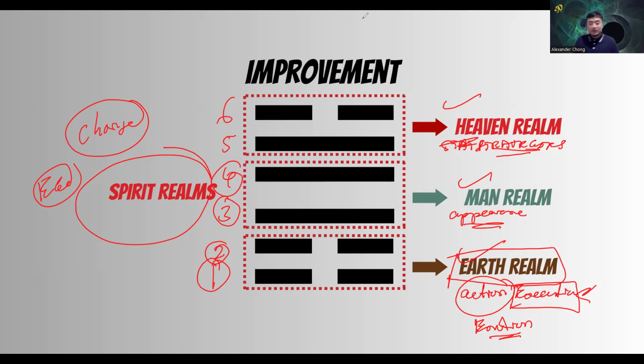If you get the man's realm, it is basically your appearance to others, how people feel your energies, your emitting chakra or aura, whatever it is, how people look at you right now. You might need to upgrade or change that a little bit. If it's the heaven realm, then it's the strategies that you need to change. Okay? Yeah? That's why I say this is express.